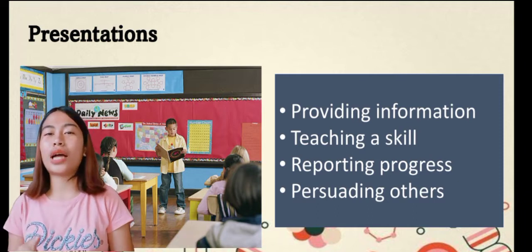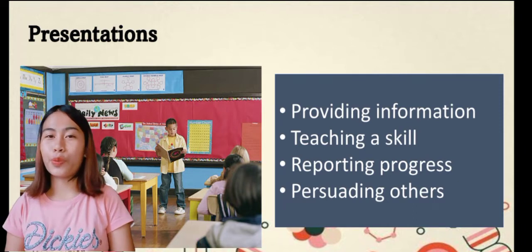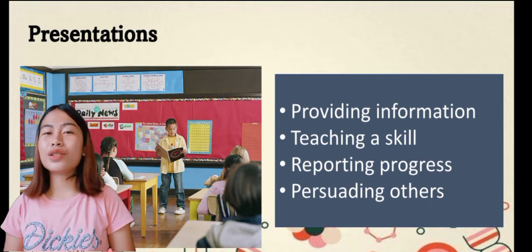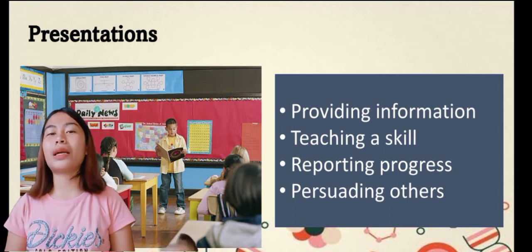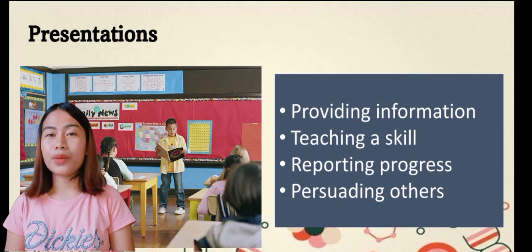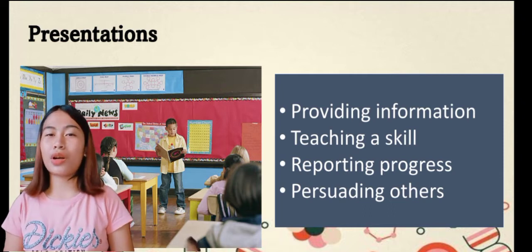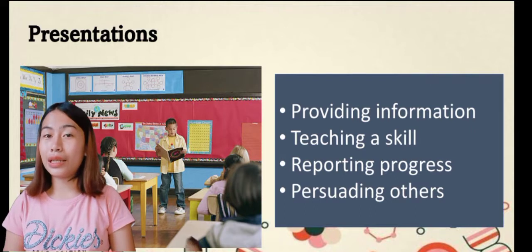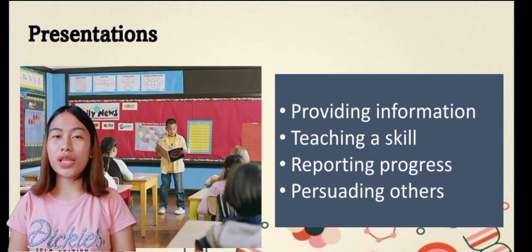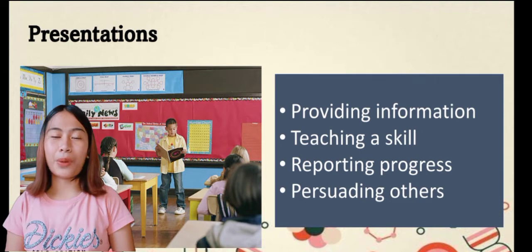Students may choose to add visual aids or a PowerPoint or Google Slides to help illustrate elements in their speech. Presentations work well across the curriculum as long as there is a clear set of expectations for students to work with from the beginning.